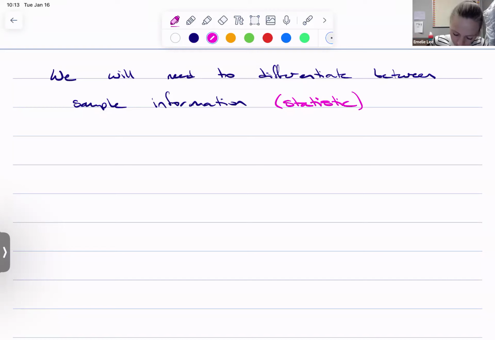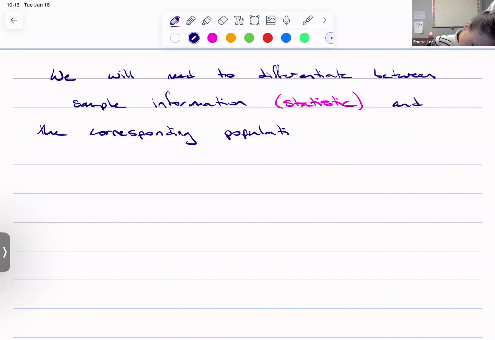Okay. So we'll need to differentiate between sample information and the corresponding population information, which we're going to call a parameter.